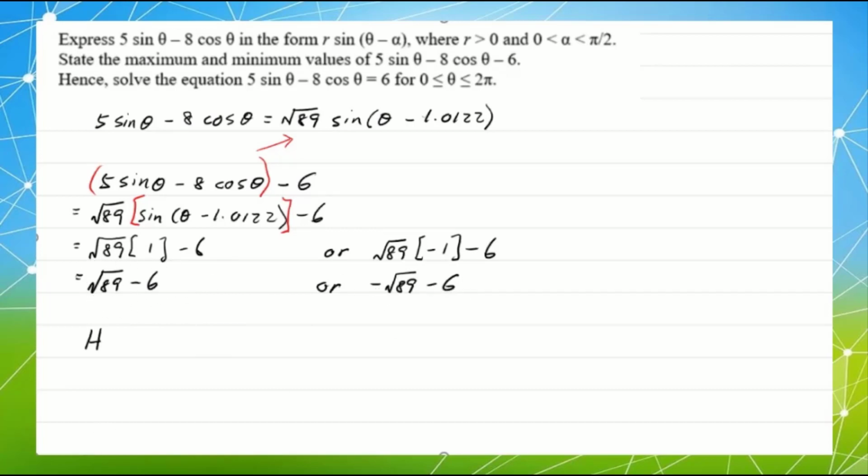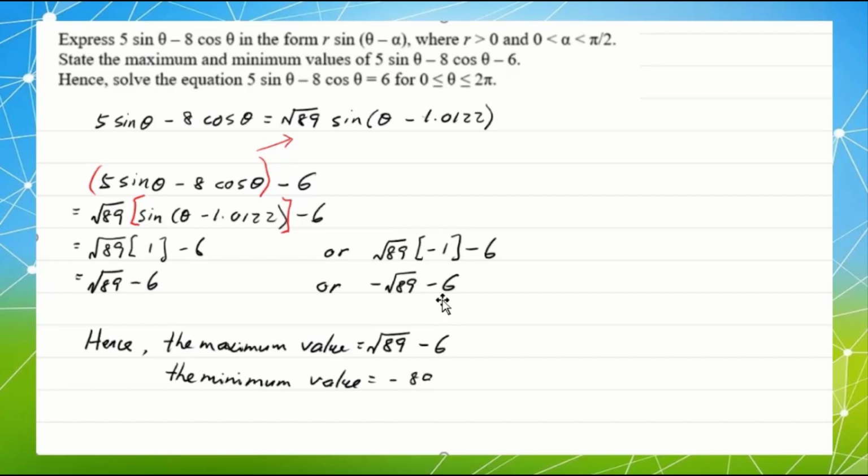So therefore, we can conclude that the maximum value for 5 sine theta minus 8 cos theta minus 6 is square root of 89 minus 6. As for the minimum value, that is negative square root of 89 minus 6.